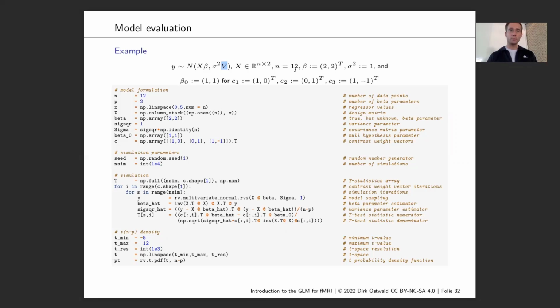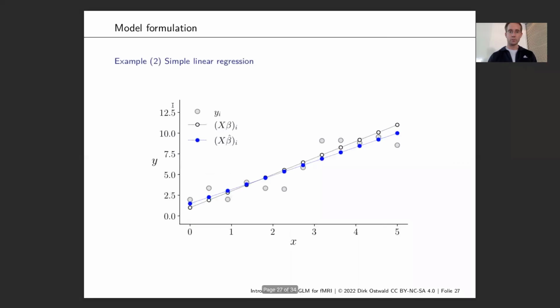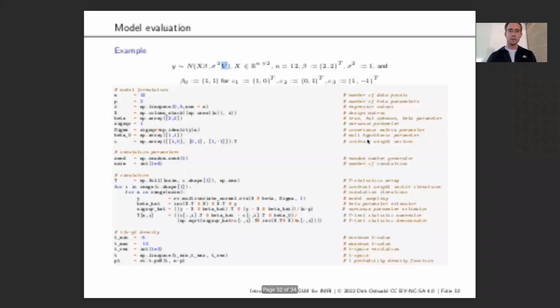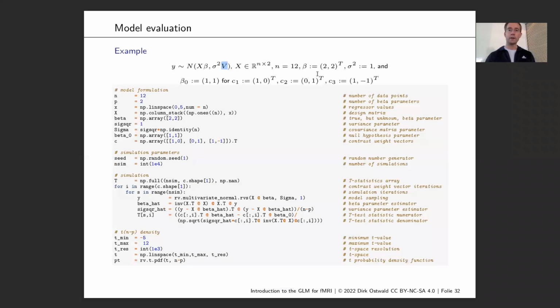We have 12 data points, and our X's are the example that we saw previously. We now define the true but unknown beta parameters to be the same, 2 and 2, and the variance to be 1. That's our model formulation, which is what you see written down in the code up to here.